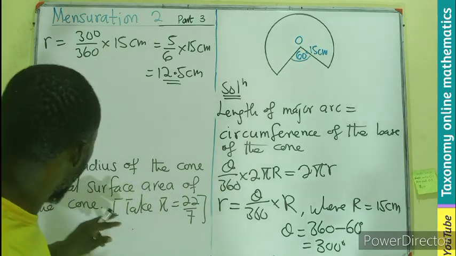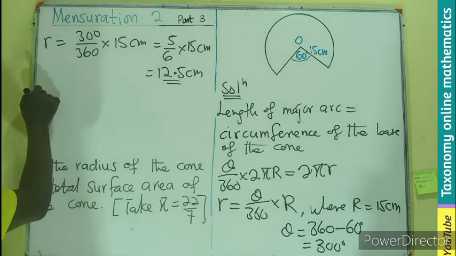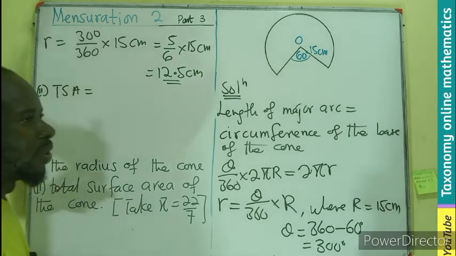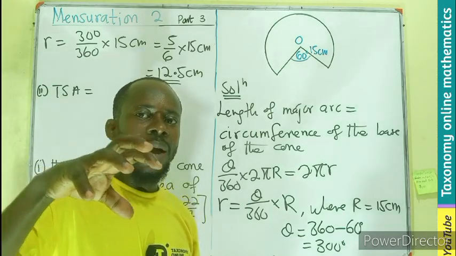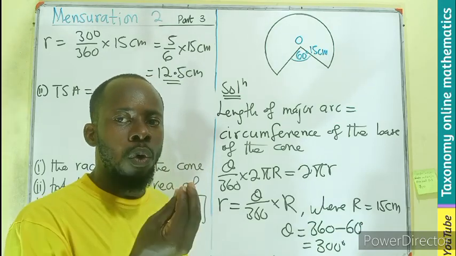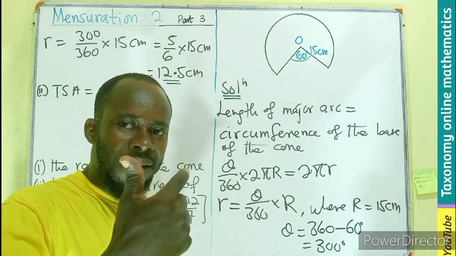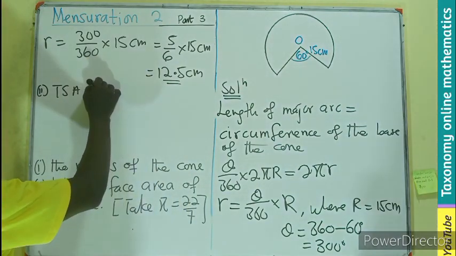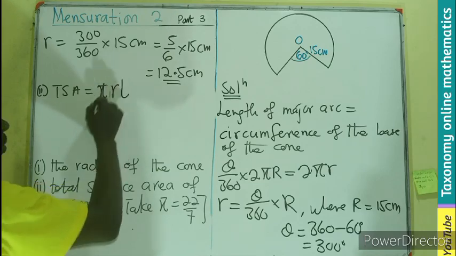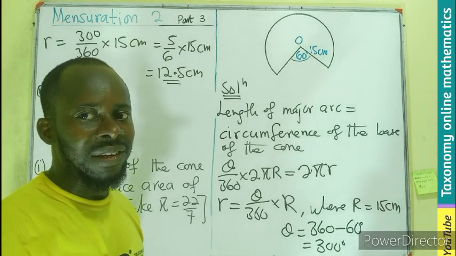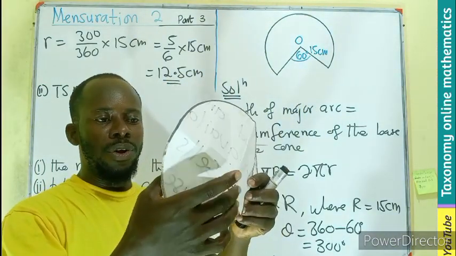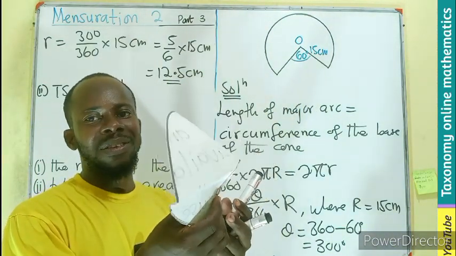Then the next thing to find is the total surface area. We know the total surface area of a cone that has no base, called the total surface area of a hollow cone, is the same as the curved surface area. That will be pi r L. And what does the L stand for? The slant height, which as you mentioned, when you form your cone, the radius here becomes the slant height.